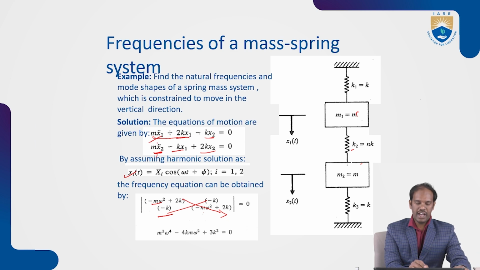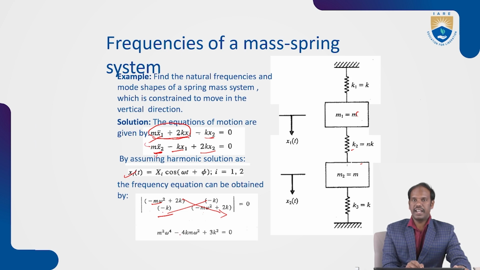So here we have taken the summation on both sides as m x1 plus k x1 on one side, and the same type of equation for the second equation, with minus omega square plus 2k on this side, as it is here. We just swapped to the right side.